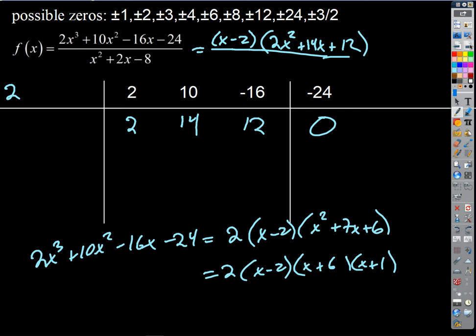We could make use of all the work we did here already. If I want to divide the top by the bottom, couldn't I just divide the top first by x minus 2, because that's a factor of the bottom?